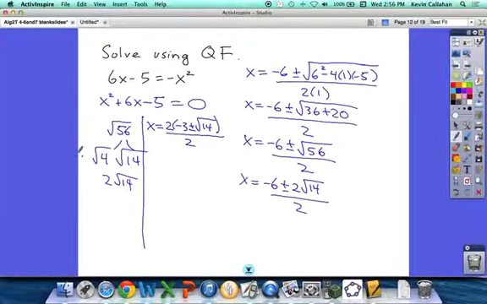Right? Just taking out the 2 from both of these. And now you can see we have a common factor in the numerator and denominator. So cancel. So X equals negative 3 plus or minus the square root of 14. And you can't really do much more, you just leave it like that. If you have an unresolved square root, then your answer will just have to stay with the plus or minus.